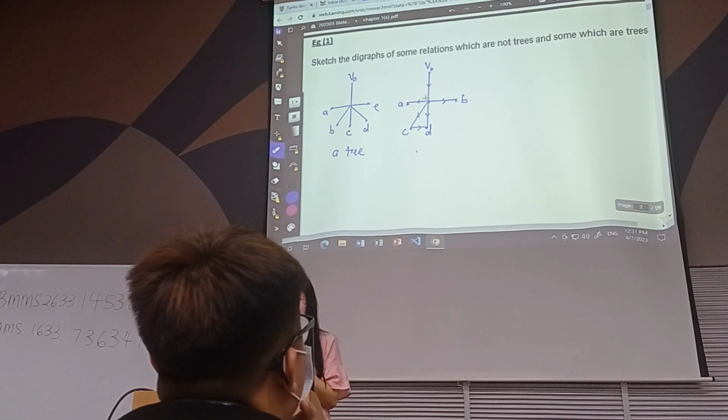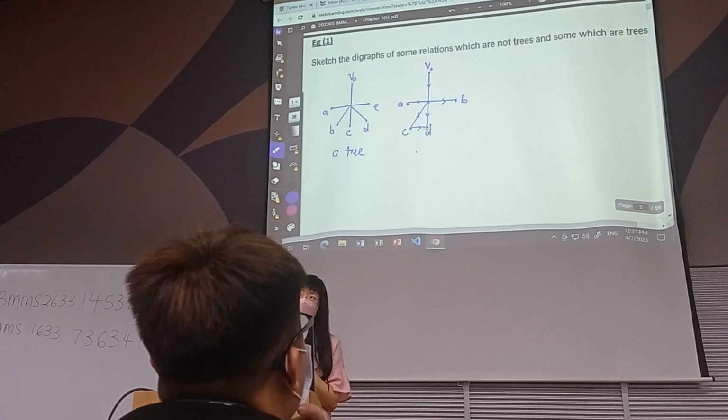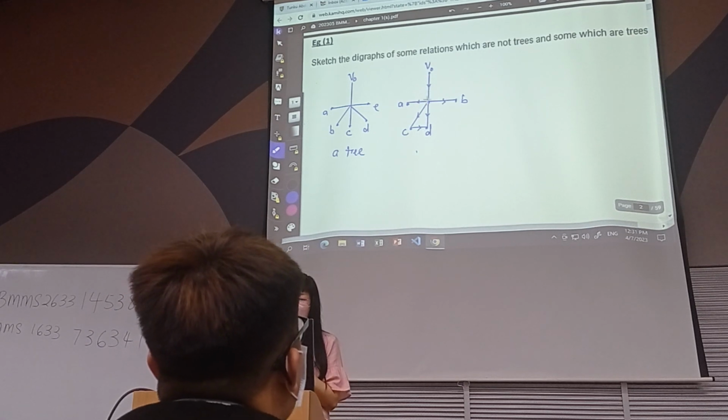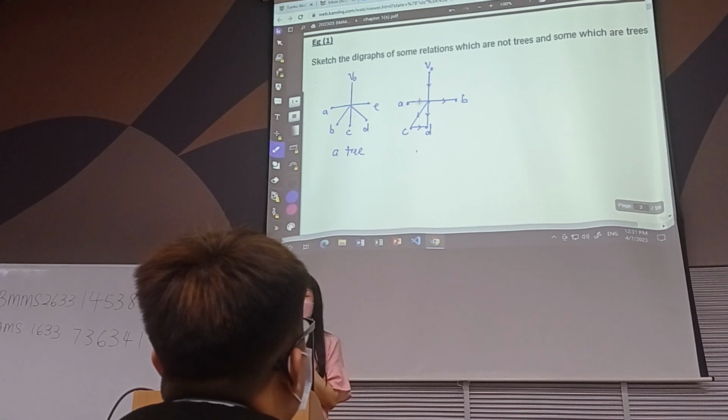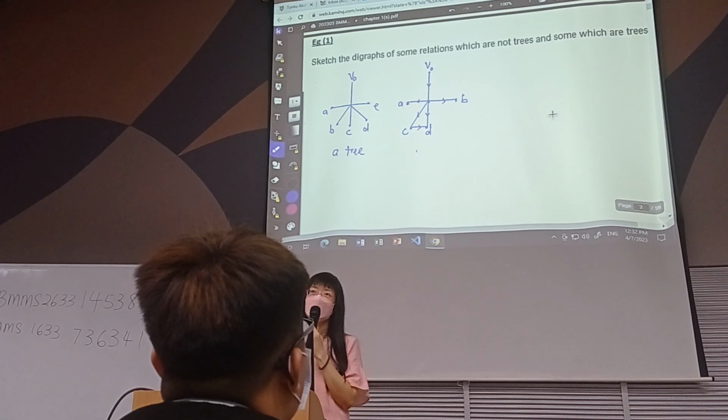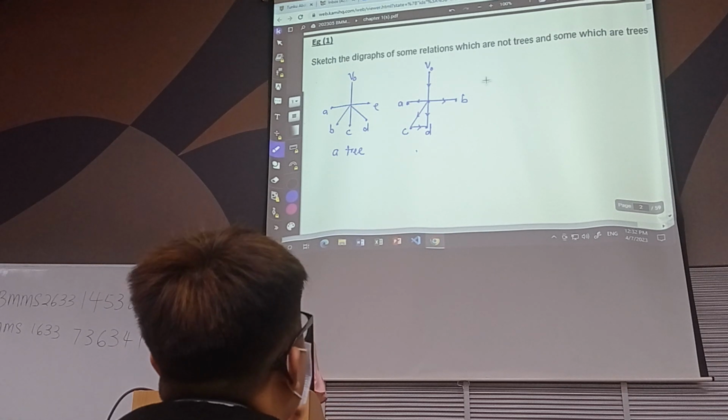The rule is they can only have in degree of 1. So if I come to this one, the in degree is 1. I come to this C here, the in degree also must be 1. When I come to the vertex D, the in degree must be 1 also. All the vertices must have in degree 1. Then only it can fulfill the definition of a tree.